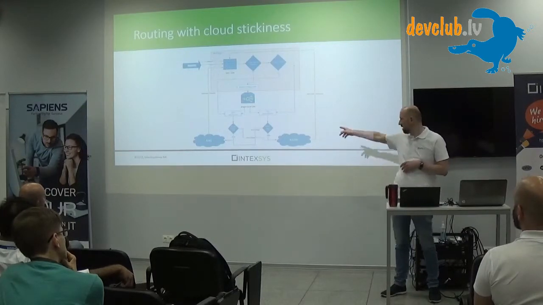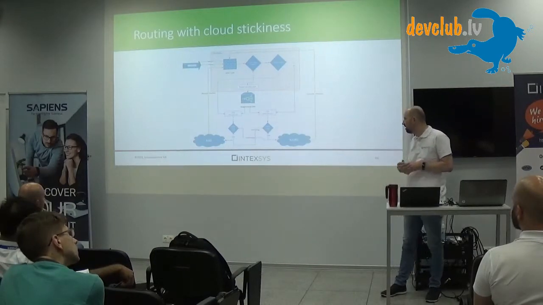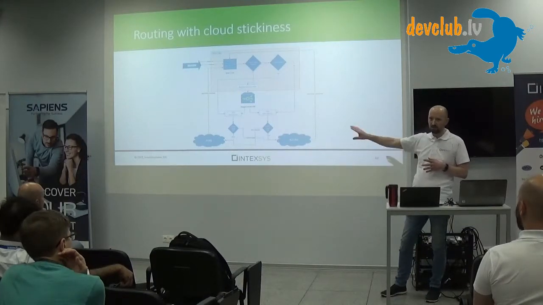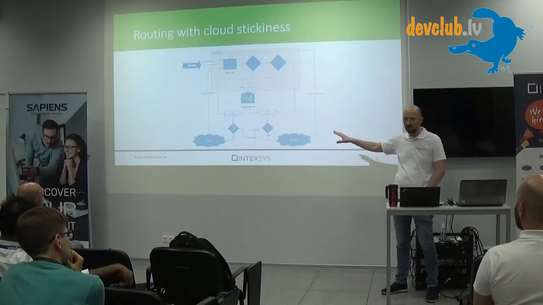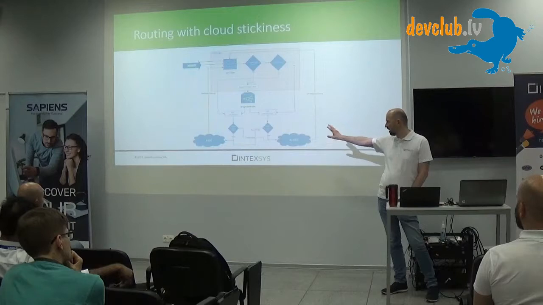But then there is another trick at the bottom of this diagram. What happens if one of these clouds is not working, or our infrastructure in one of these clouds is not working? So we have independent DNS-based health checks.